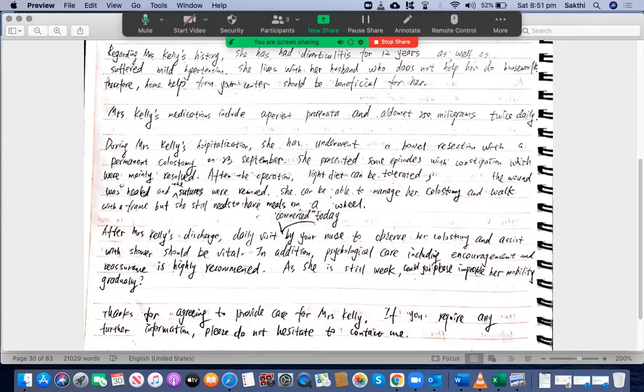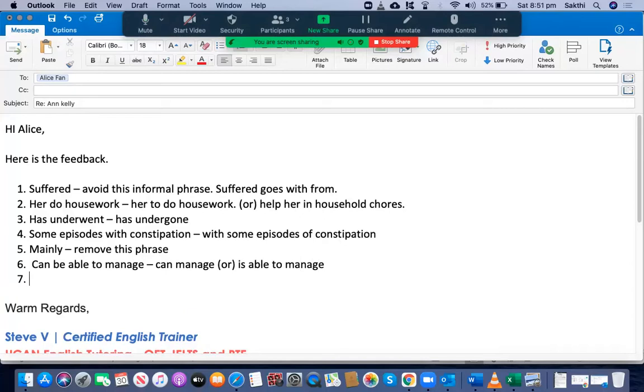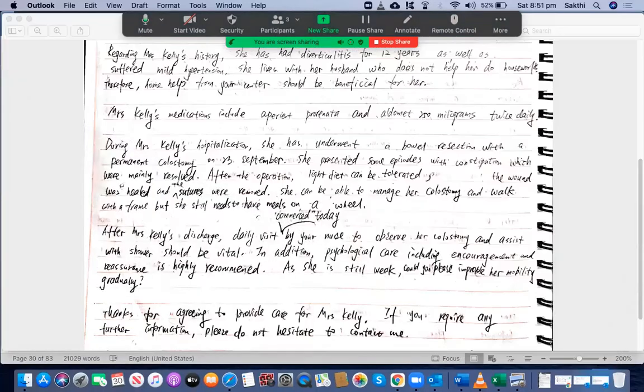Don't add many words that do not add value. You can simply mention can manage, or you can say is able to manage. Any of these will be all right.